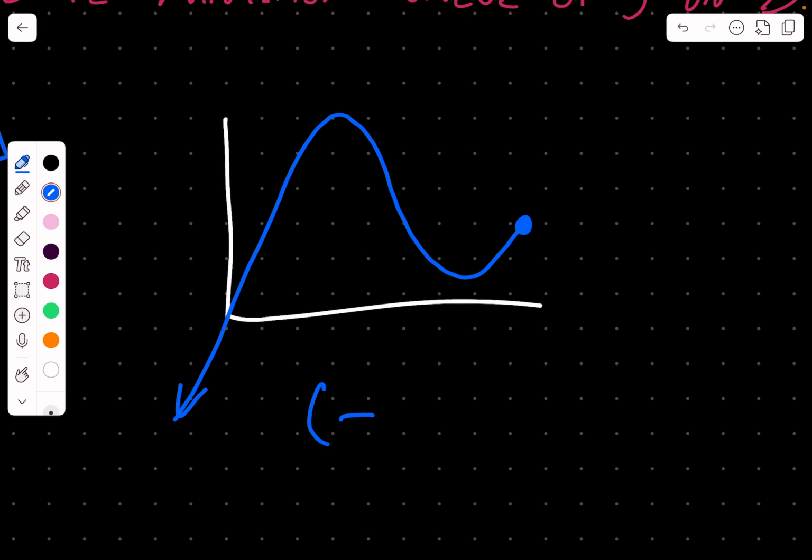So our domain would be negative infinity to, let's say this is 10. It'd be going from negative infinity to 10, and that's where it stops. So only this point is inclusive. That means that we have an absolute maximum right here. Again, that is also our critical point. So this is our absolute max.